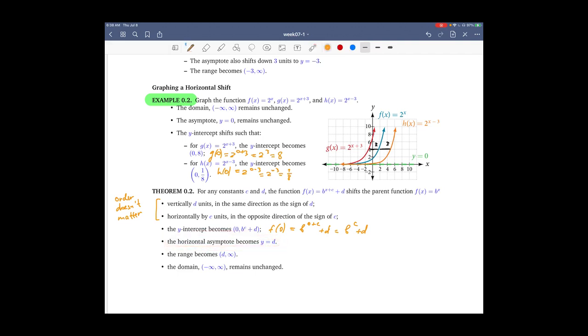Why is that? Well, if b is greater than 1, we can consider the limit of our function b to the power x plus c, plus d at negative infinity. And now we clearly see that the first term, b to the power x plus c, approaches 0.